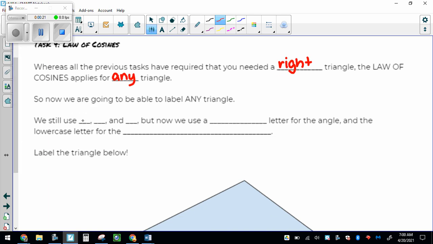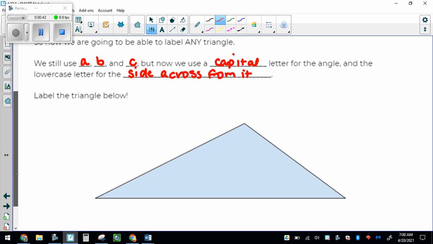We're still going to use A, B, and C, but now since we don't have a right angle anymore, we're going to use a capital letter to represent the angle and a lowercase letter for the side across from it. All right, so here's how this is going to work.